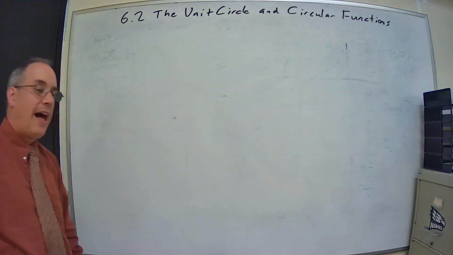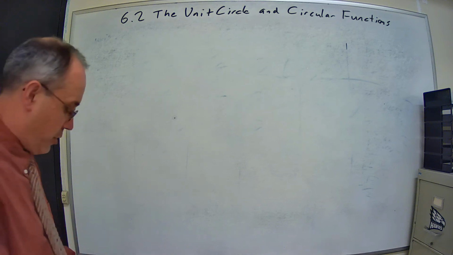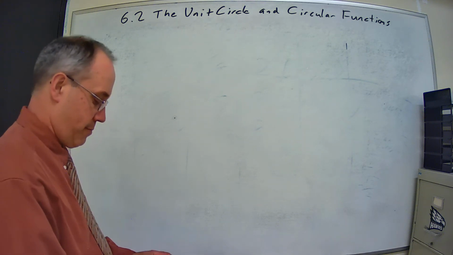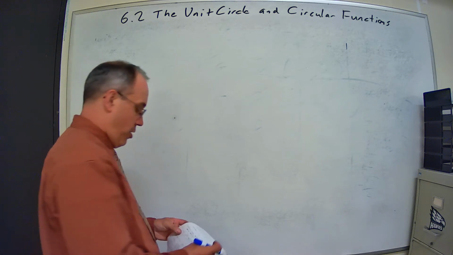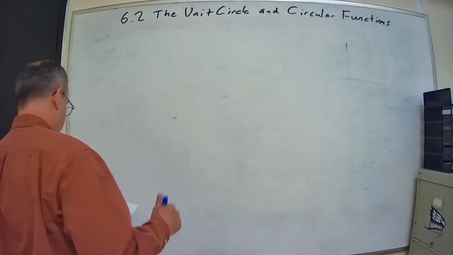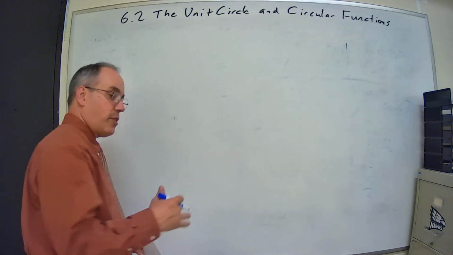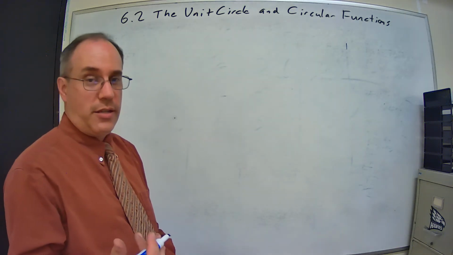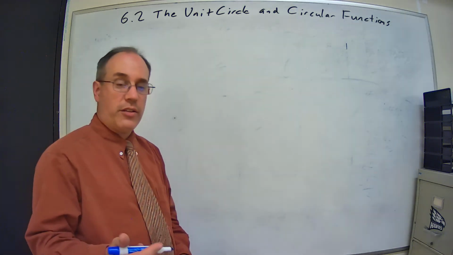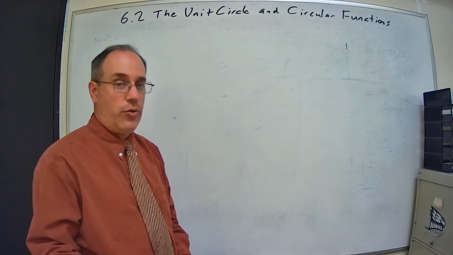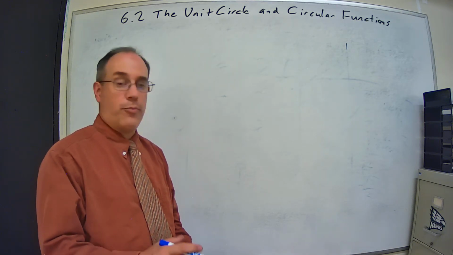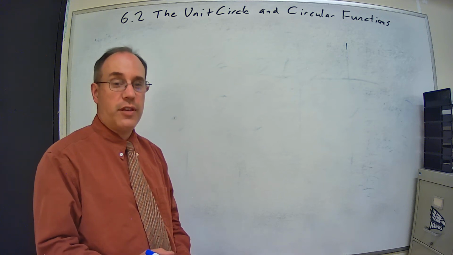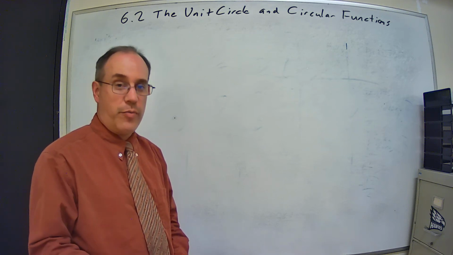And let's evaluate a circular function and do some things that we may know of. Now, when we're dealing with this, remember, we're dealing with radians. So you want to make sure that your calculator is in radian mode, not degree mode, because you're going to come up with some really strange answers if you are in degree mode.